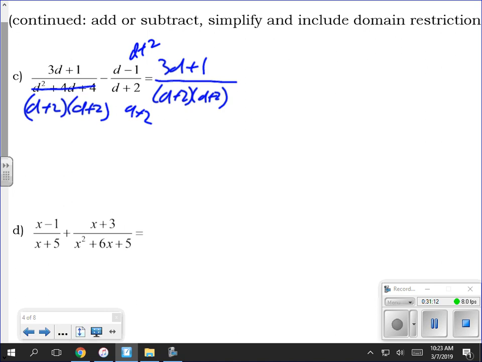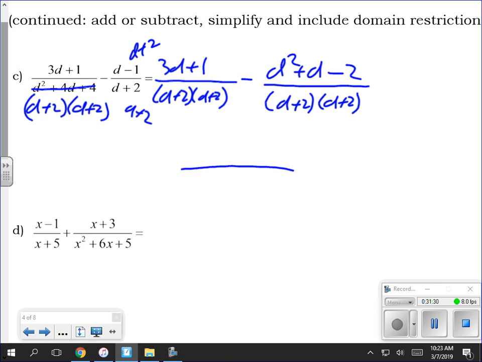So D minus 1 times D plus 2 gives me D squared plus D minus 2 all over D plus 2, D plus 2. And then combine them up. I'm going to go ahead and do the D plus 2 squared here, just to make it look pretty.